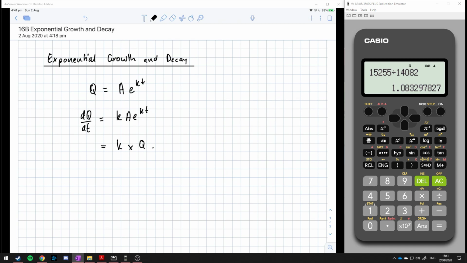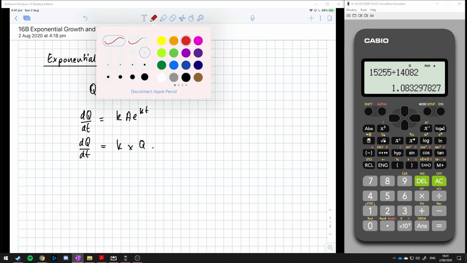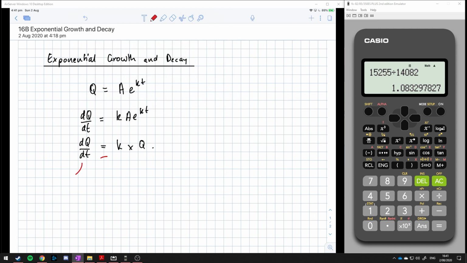Now, what this is known as in maths is a differential equation, because essentially what you've got in this equation is part of the equation which is a derivative, and another part of the equation which is a function. When those two things are together, this is called a differential equation.